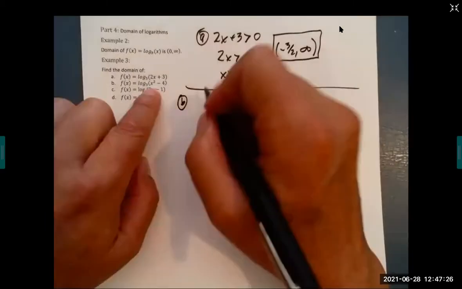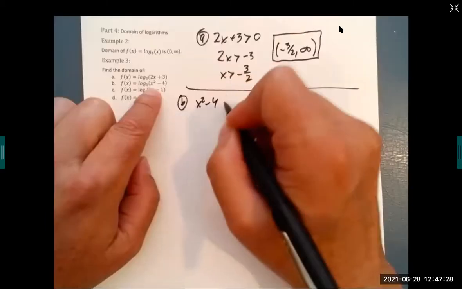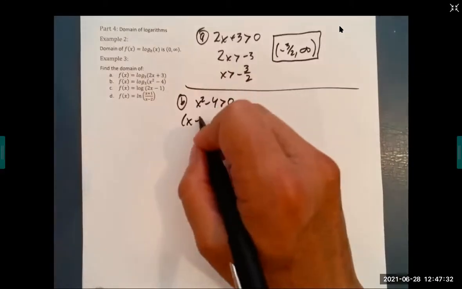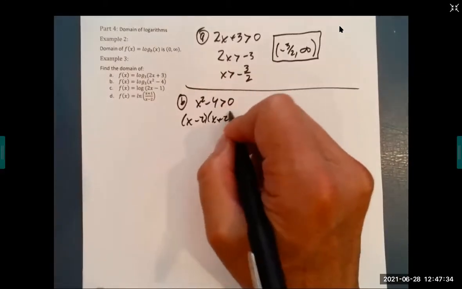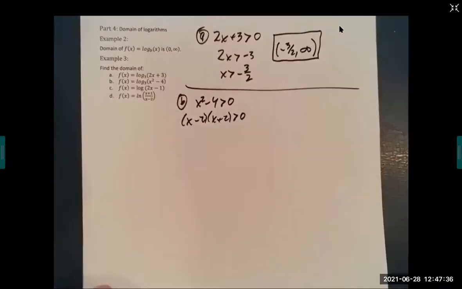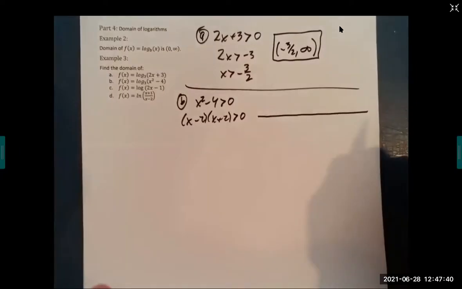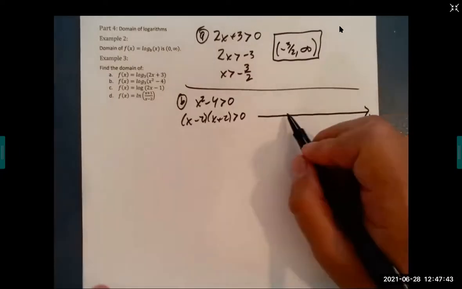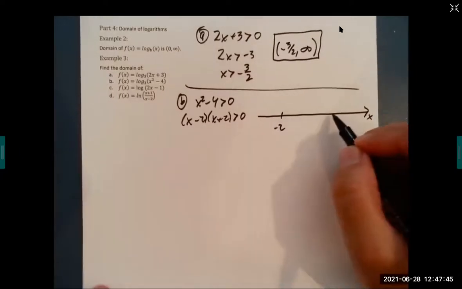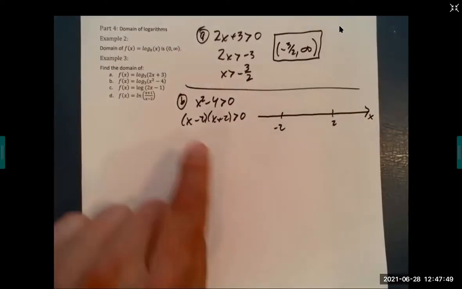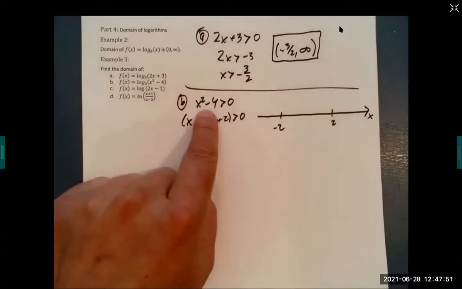So x squared minus 4, again, has to be strictly bigger than 0. Now we can see this factors, difference of squares, and we're going to have to test the regions. Actually, we know that this is a parabola and its leading coefficient is positive.